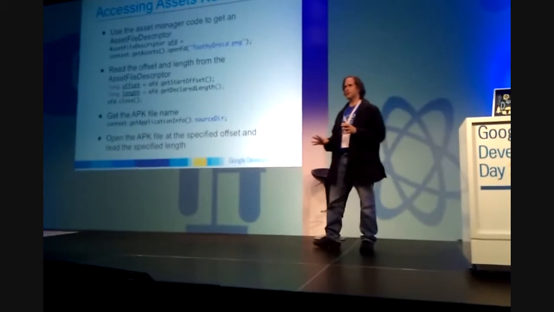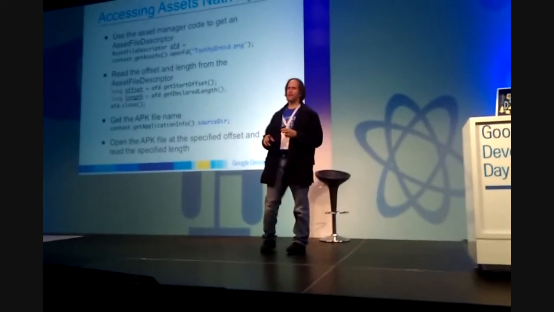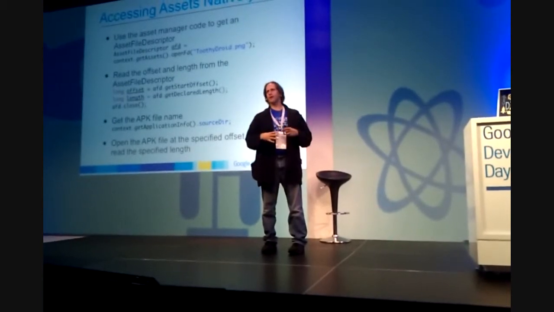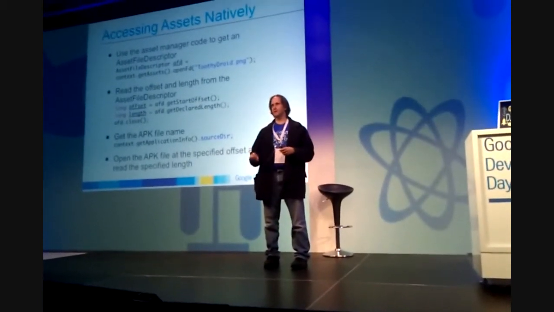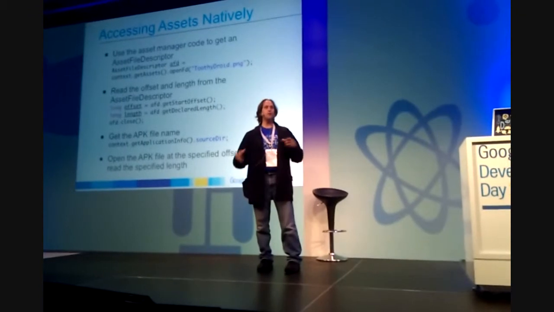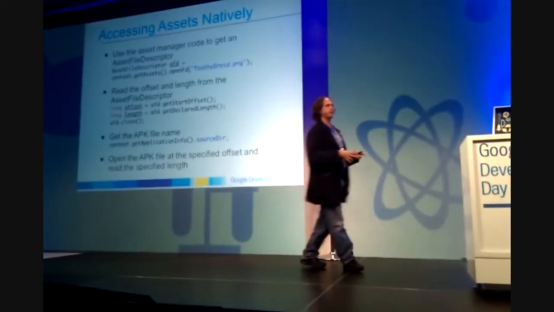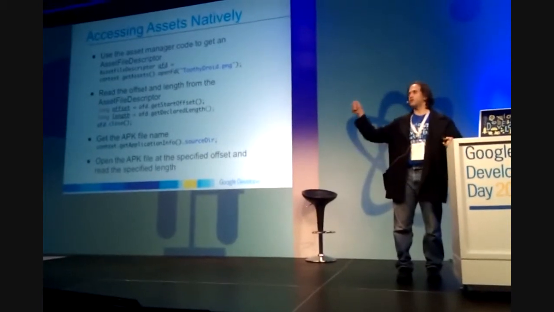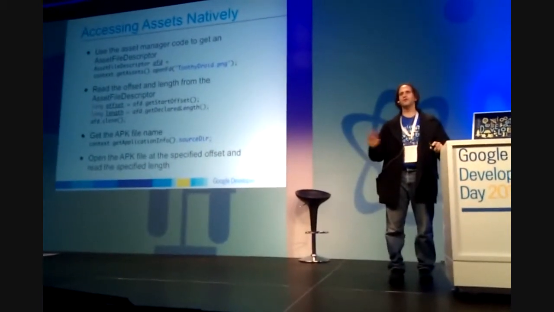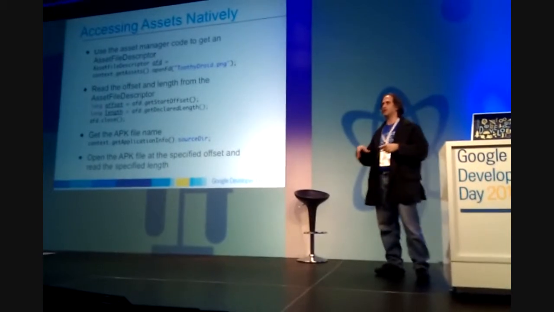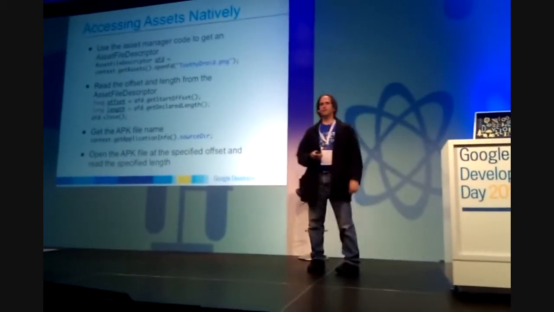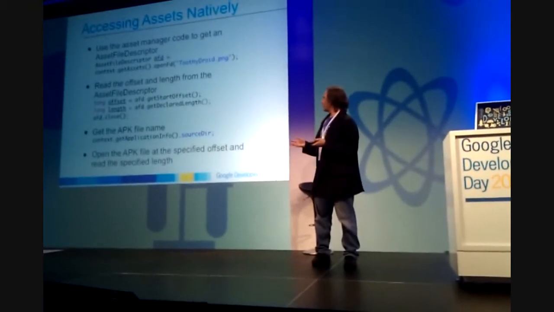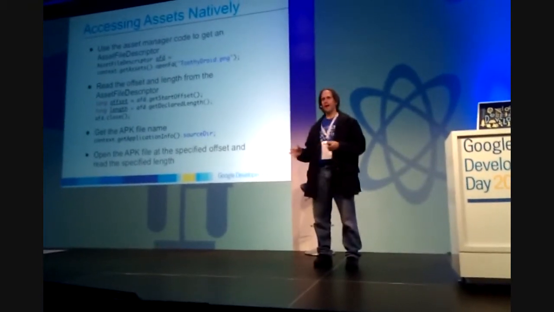The reason is that under Froyo, anything that's compiled into a library cannot be installed on the SD card. So if you compile all of your assets into your code, even if you try to install it on the SD card, it's not going to do anything because all of your assets are still going to sit inside of the internal flash. So you don't want to do that.